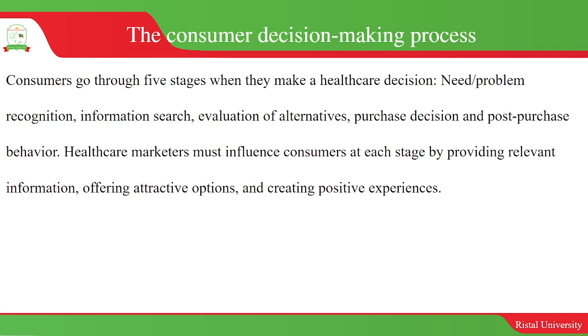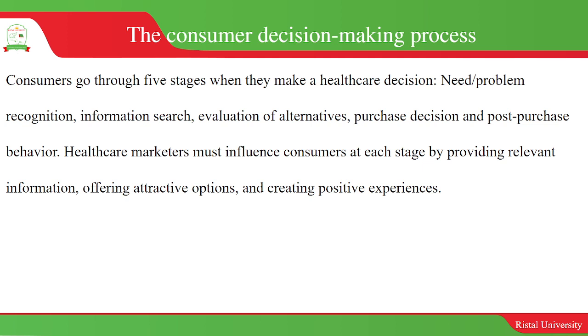Okay, so when you're doing your marketing activities or planning, you should understand that they go through all these stages, and then your role is to determine what strategies you have to use at what stage.